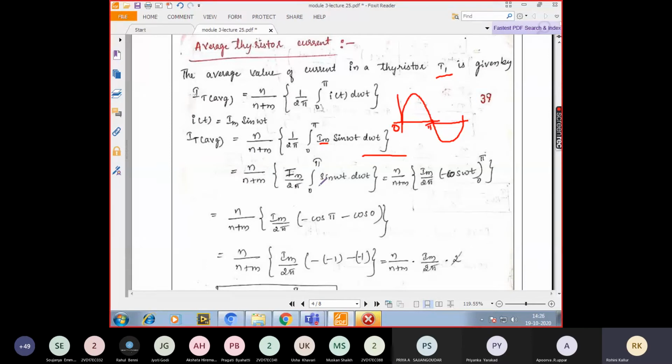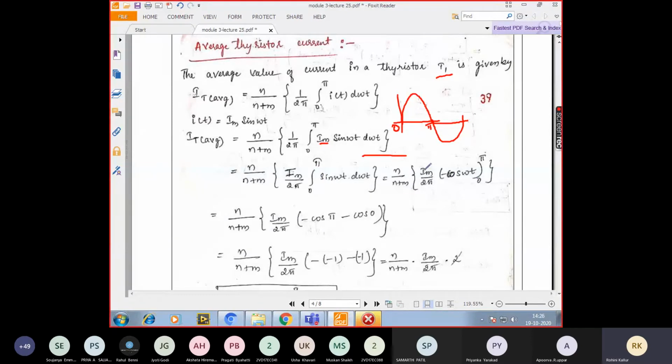Now what is integration of sin omega t? Minus cos omega t. Yeah. So integration of sin omega t is minus cos omega t, and then apply the limits. So that is what is written here.